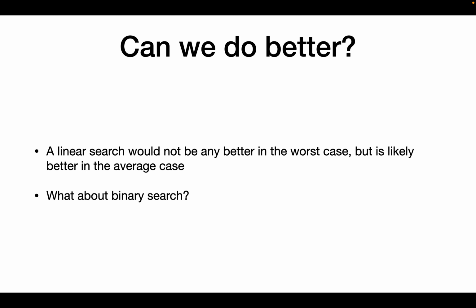It would likely be better on the average case because we would likely find that one job quicker going from the right. But what about binary search, right? We've talked about how this list of jobs is sorted, and it's sorted by end time. What if we were to binary search for a job that ends just before our current job starts? Sounds like a great idea.